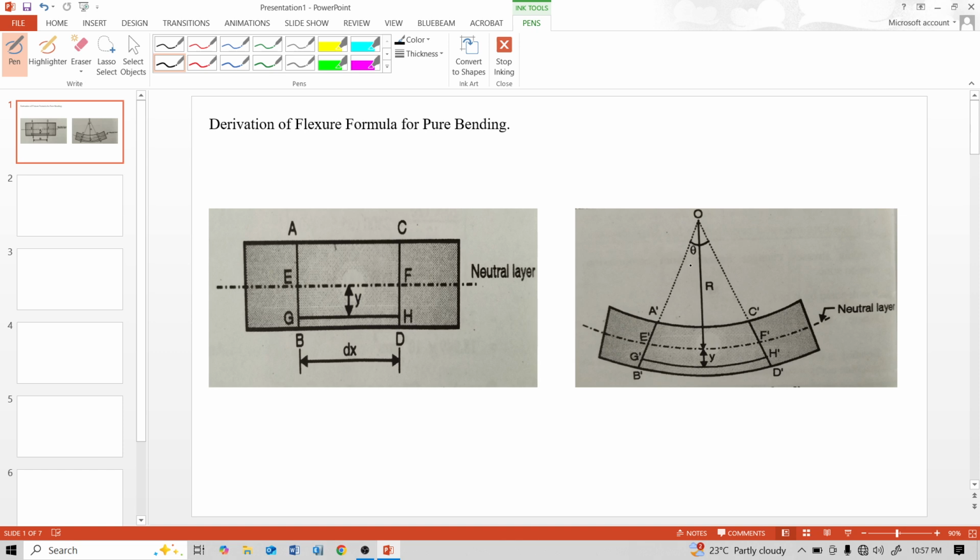Theta is the angle subtended by the beam length at O. So we will see this derivation step by step. First, R is the radius of curvature of the neutral surface, and theta is the angle subtended by the beam length at O.